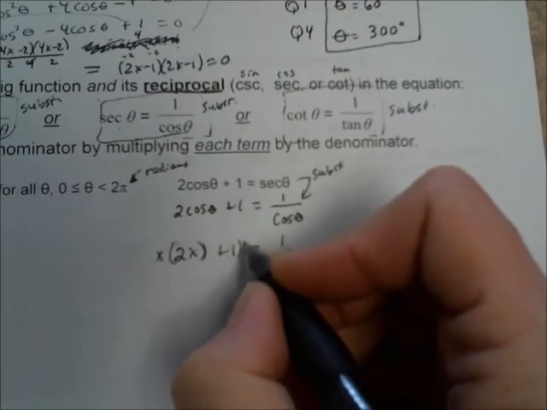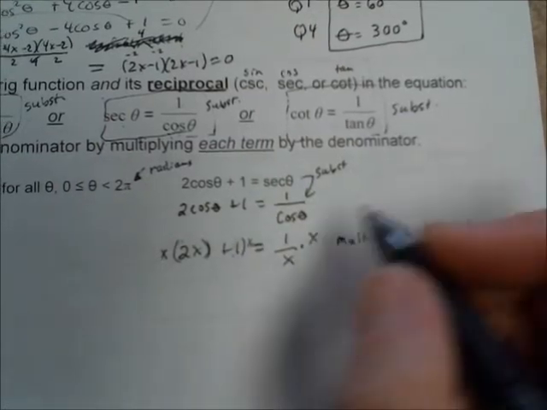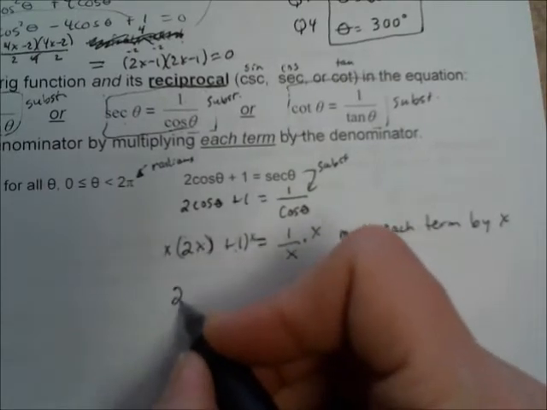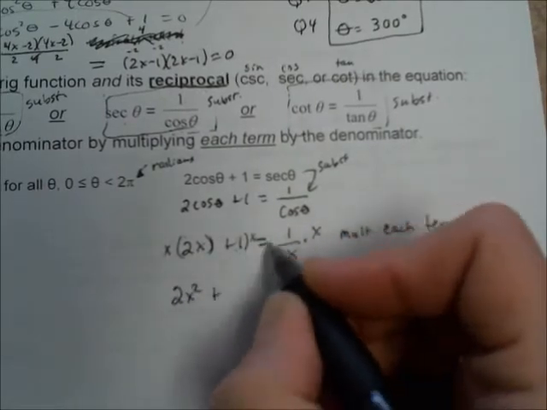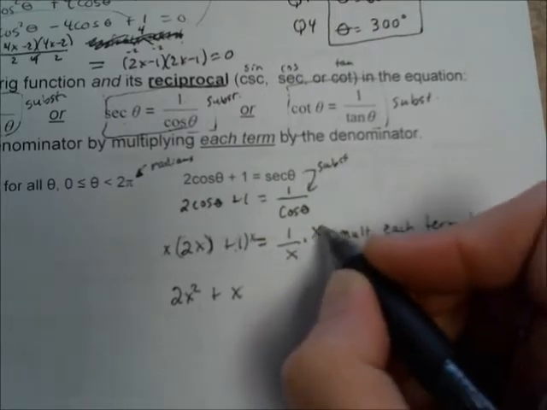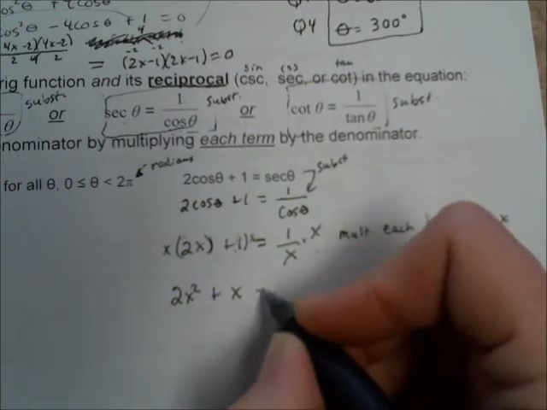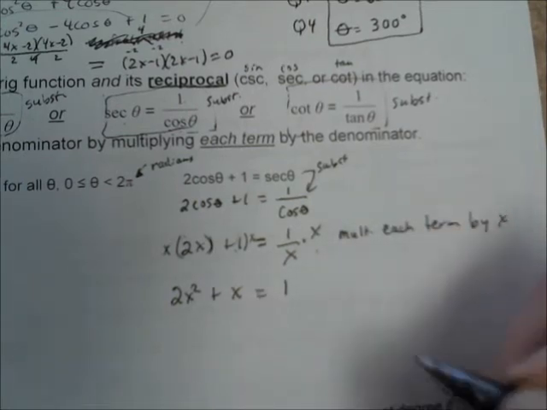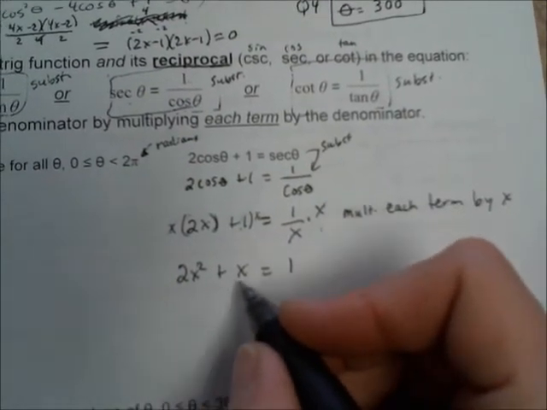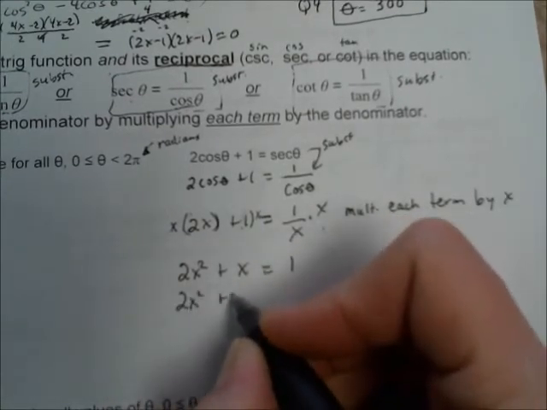The 1 gets multiplied by x, and this gets multiplied by x. x times 2x is 2x squared. 1 times x is x. And 1 over x times x is x over 1, so this x cancels out with this, and you're only left with a 1. And now you have an equation like we've done several times before. You have to subtract 1 from each side, set it equal to 0.